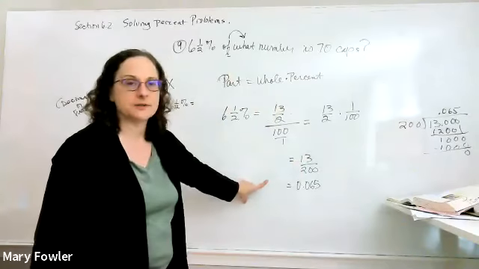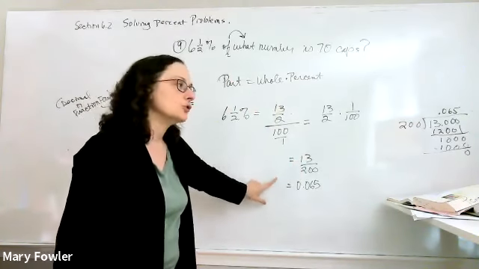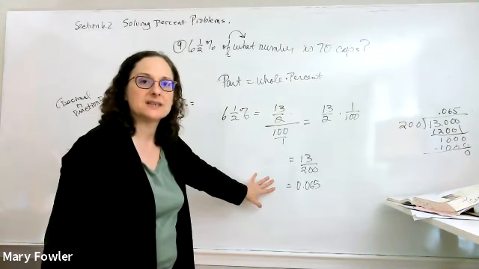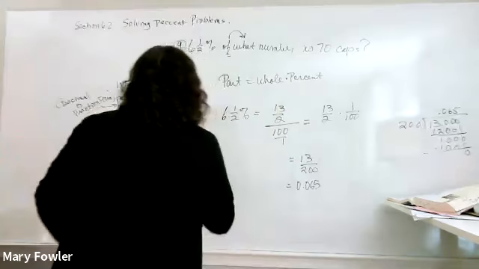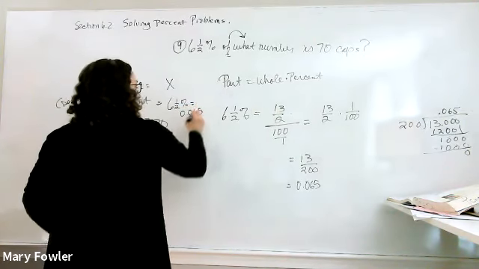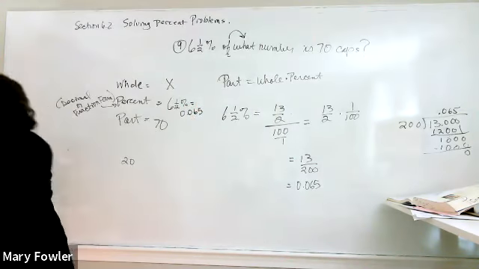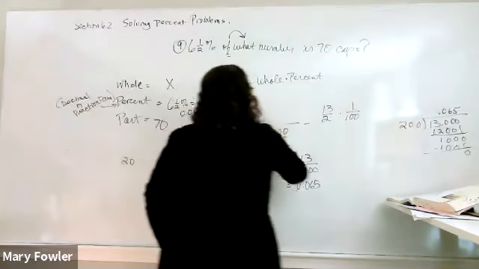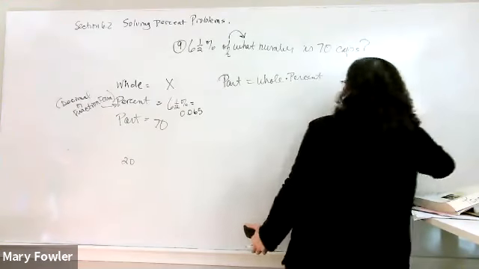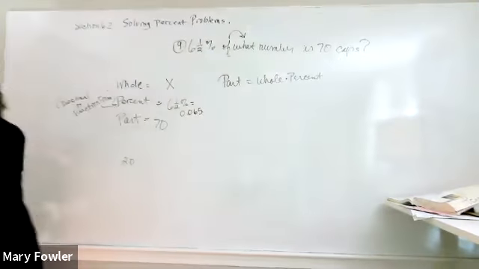And take a pause if you need. But your decimal equivalent is 0.065. Okay, so let's go ahead and substitute into the percent equation and solve for the whole value.